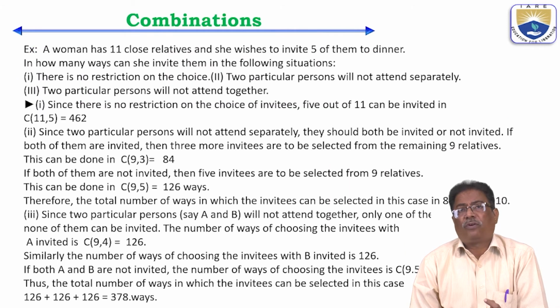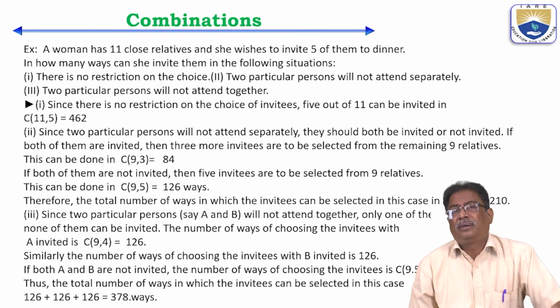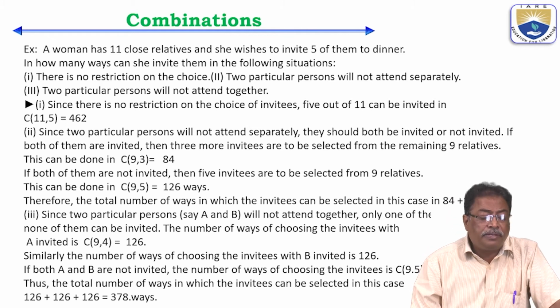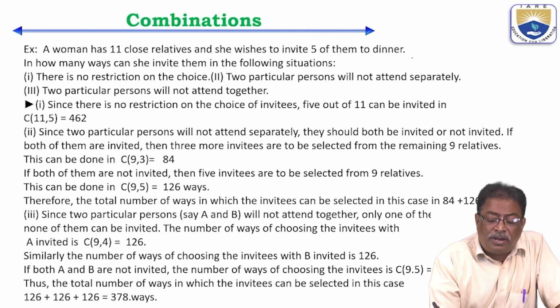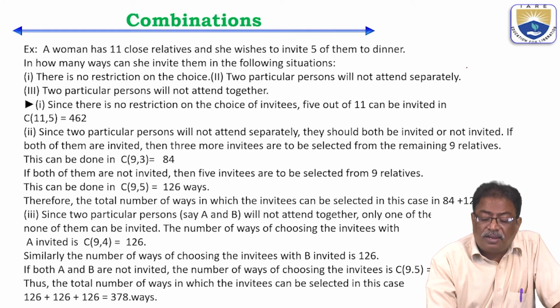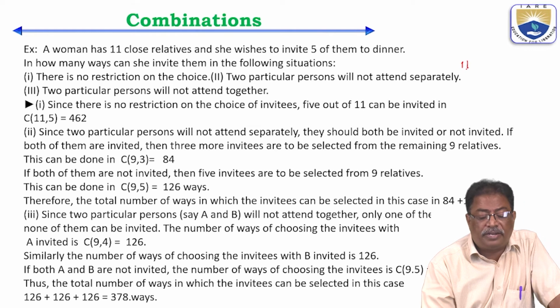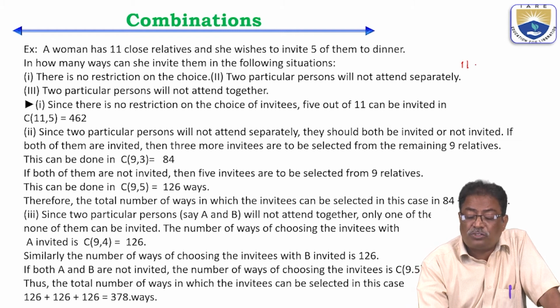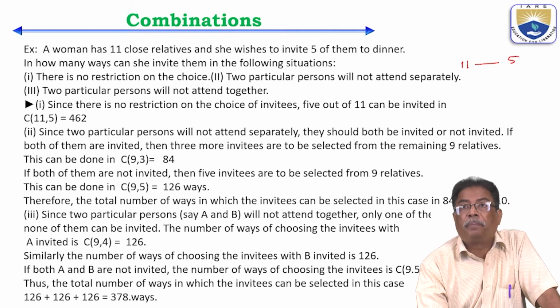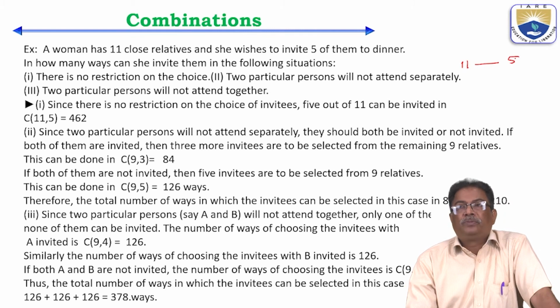Now, let us go for another example. A woman has 11 close relatives, and she wishes to invite only 5 of them to dinner.